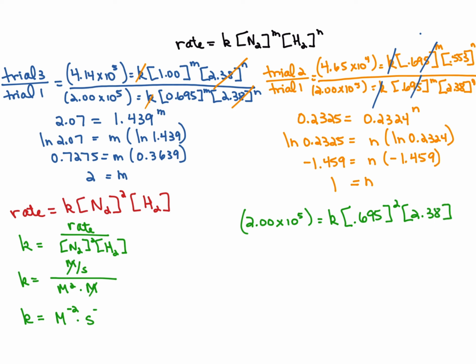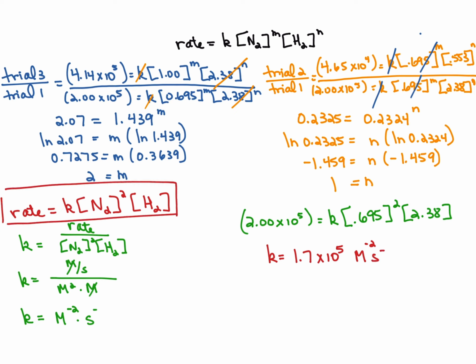So my K to 2 sig figs is 1.7 times 10 to the 5th, 1 over molarity squared times 1 over second. So I've got my rate law and I've got my rate law constant.